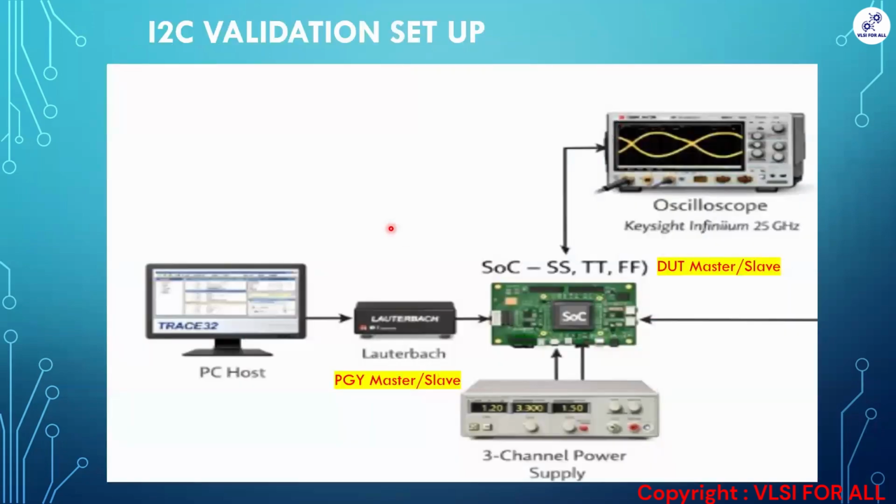Coming to the I2C validation setup, we have the host PC, and the host PC with the loader patch connects to the DUT where the SoC is present. We also have the oscilloscope and the power supply.